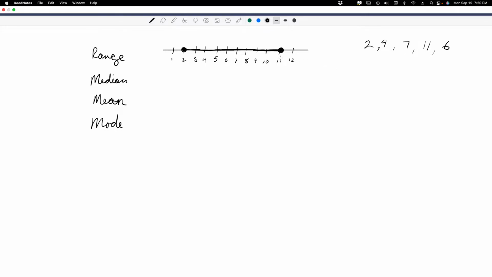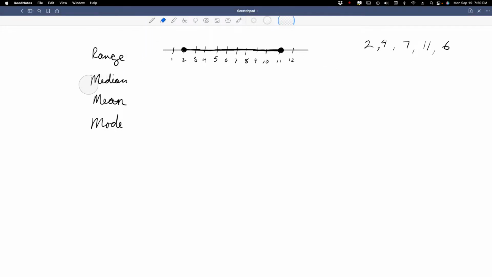For range, you always take the highest number and you subtract the lowest. And that is how you find the mathematical distance of this range of numbers. In this case, our highest number is 11 and our lowest number is 2.